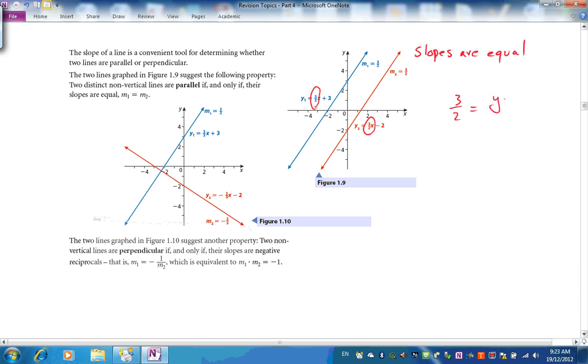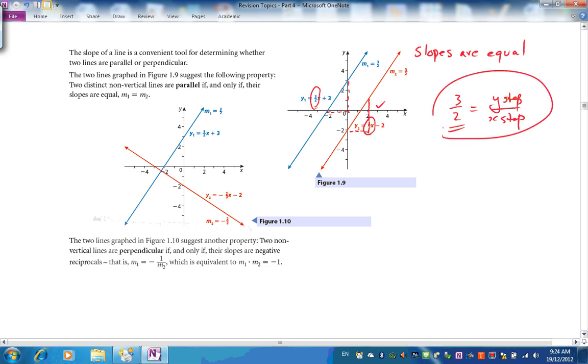This is the y movement, the y step, over the x step. So if you move 2 in the x, you should move up 3 in the y. Oh yes, that checks. What about this one? Move 2 in the x from here, you move up 3 in the y. So some graphical idea or picture of what the slope or gradient means is useful.